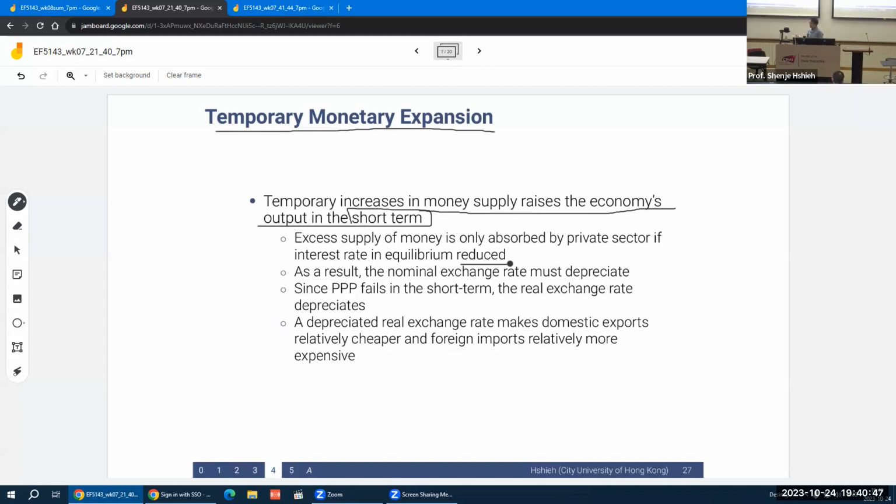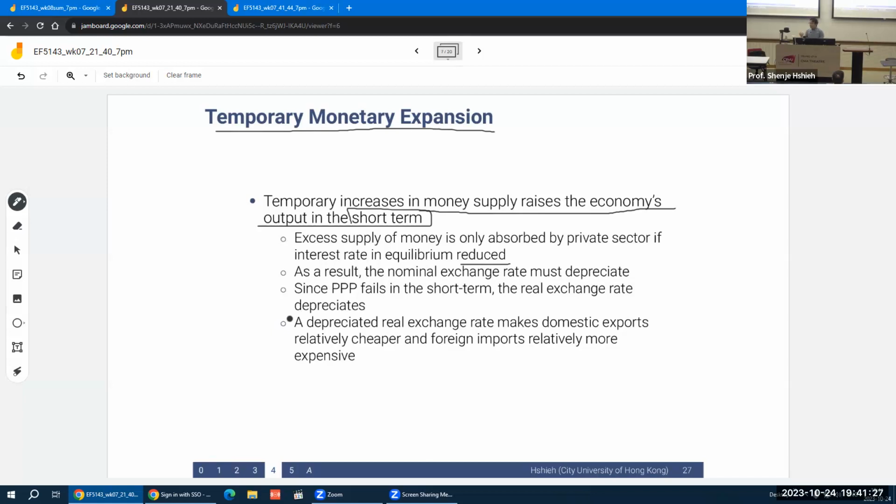As a result, the nominal exchange rate must depreciate, because lower interest rates mean domestic interest rates are less attractive, so carry traders come in to borrow domestic and invest in foreign, which requires converting domestic to foreign, and therefore the domestic currency is worth less than before. Ultimately, you get a depreciated real exchange rate, because of sticky prices, and that makes domestic exports relatively cheaper and foreign imports relatively more expensive.